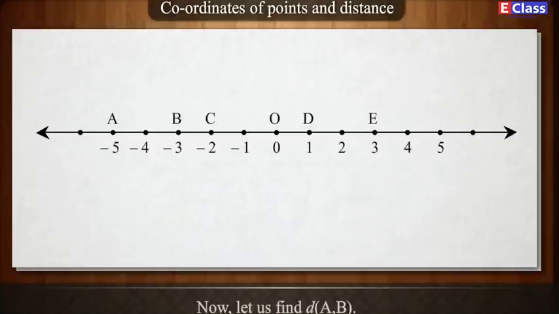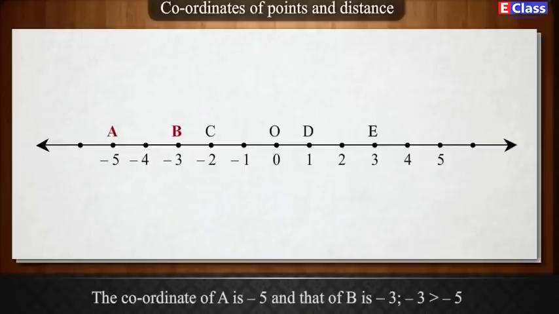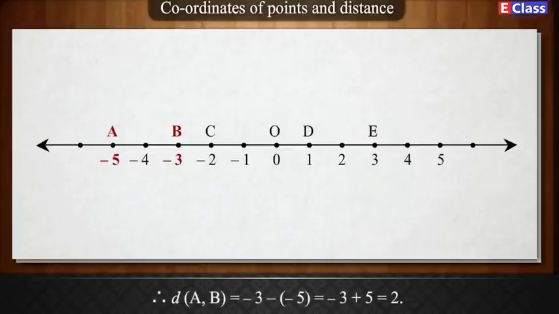Now, let us find d(AB). The coordinate of A is -5 and that of B is -3. -3 is greater than -5. Therefore, d(AB) is equal to -3 minus (-5), which is equal to -3 plus 5, which is equal to 2.